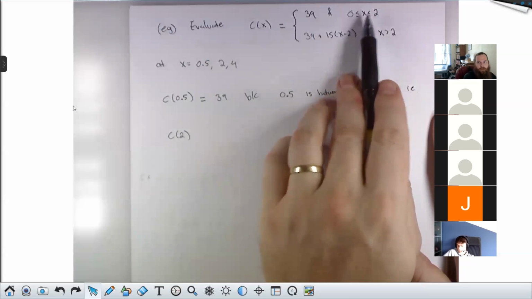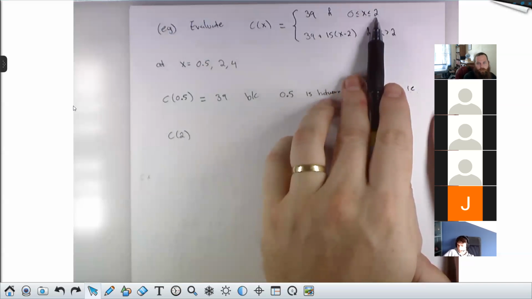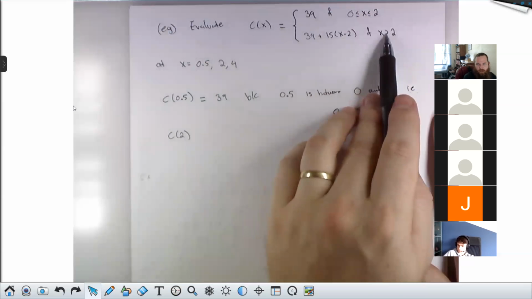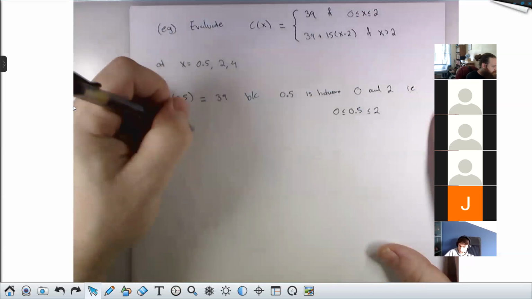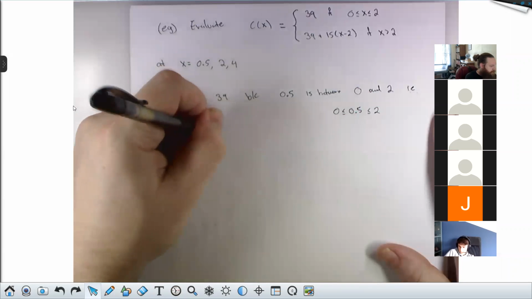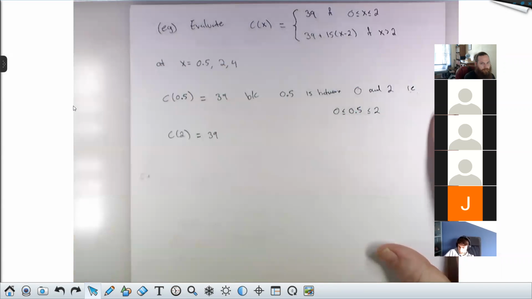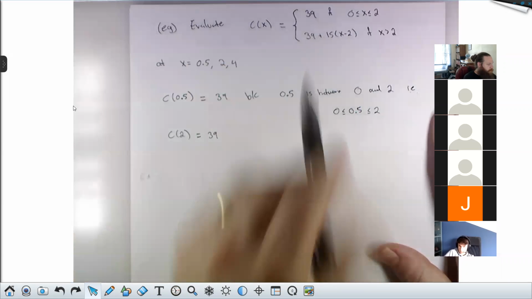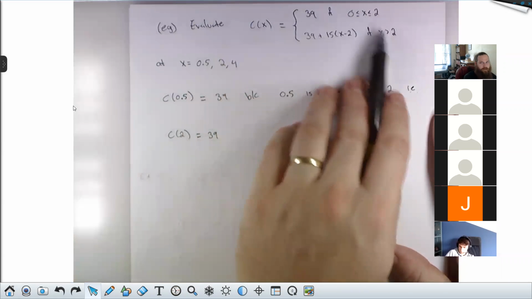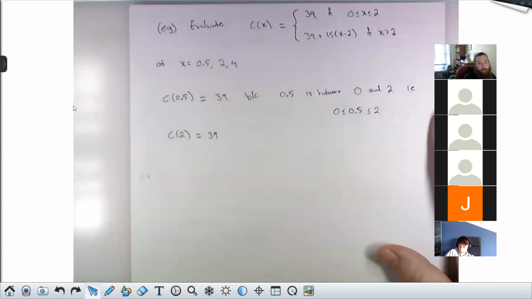And 2 is less than or equal to 2. And you can check that it doesn't fall into this one, right? 2 is not strictly greater than 2. So c of 2 would also be 39. So again, when I want to evaluate a piecewise function, I check which one of these inequalities is satisfied by the x value I'm plugging in.